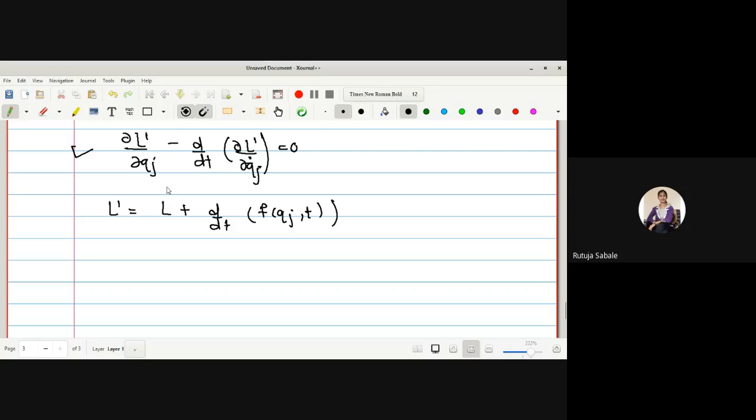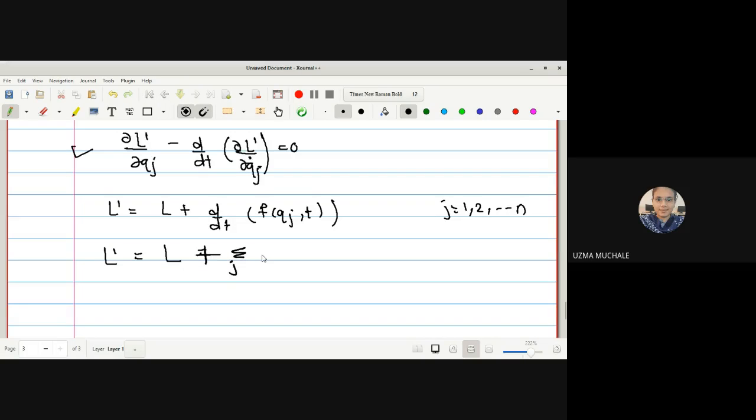Yes, ma'am. Okay, let me find out the first term. Before finding that, let me first evaluate this L dash. Since j is running from 1 up to n, this is plus. What is d by dt of f? F is a function of qj and t. How are you going to evaluate the derivative?